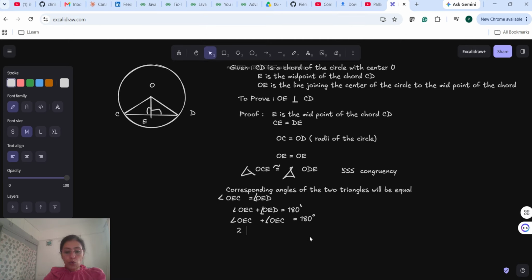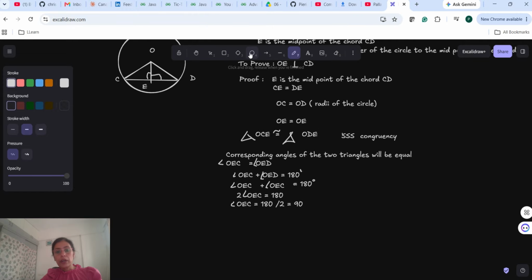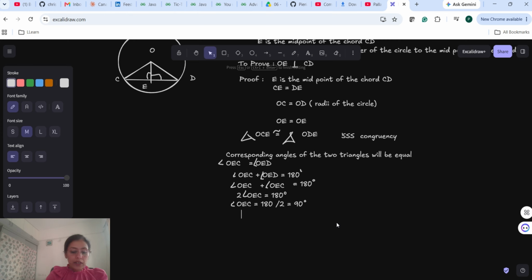Which means 2 of OEC is equal to 180 degrees, which means OEC is equal to 180 by 2, which is equal to 90 degrees. So what we come to know here is OEC is equal to OED equal to 90 degrees.